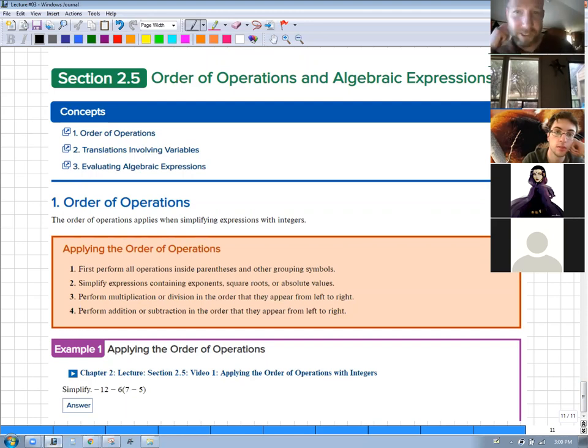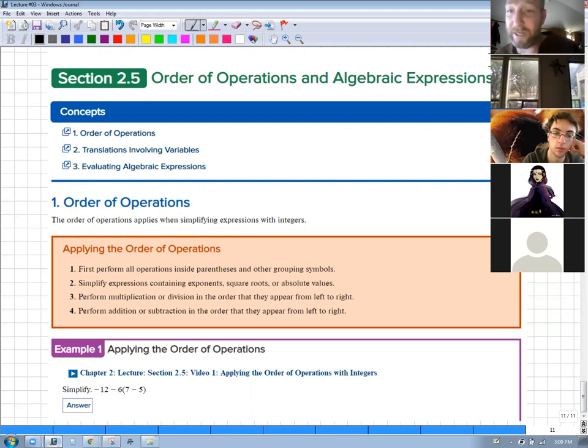Order of operations applies when simplifying expressions with integers. Remember, integers are just your numbers. First, perform all operations inside parentheses and other grouping symbols. Simplify expressions containing exponents, square roots, or absolute values. Perform multiplication or division in the order that they appear from left to right.